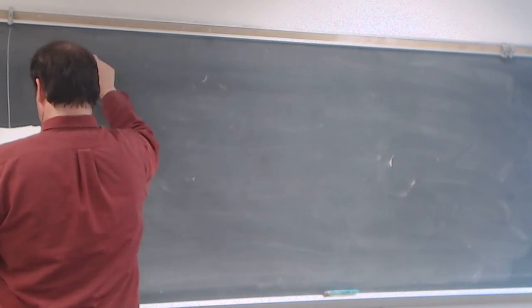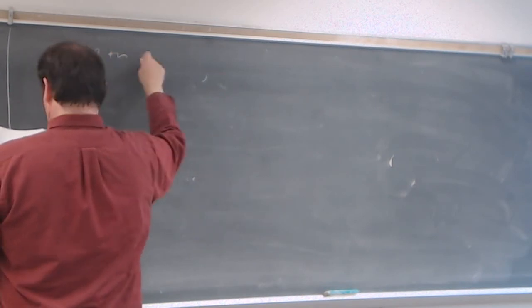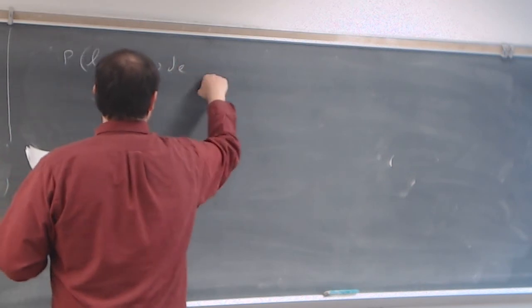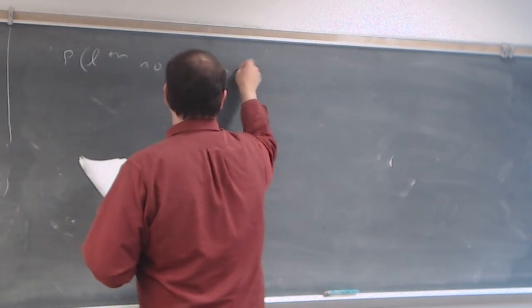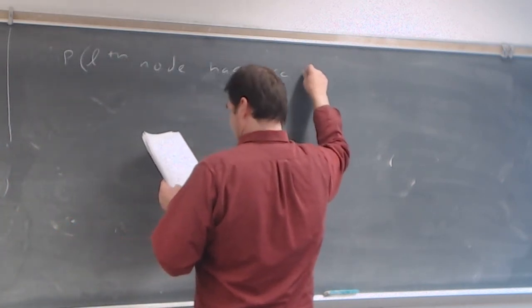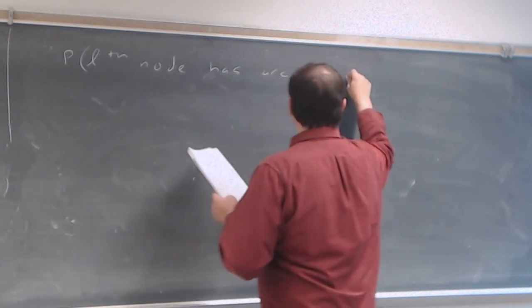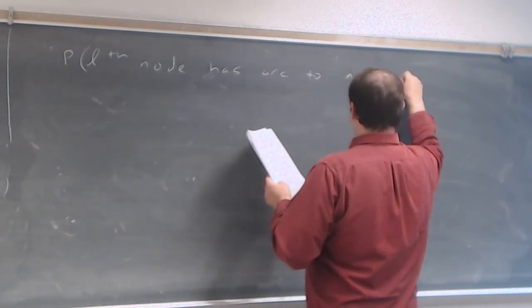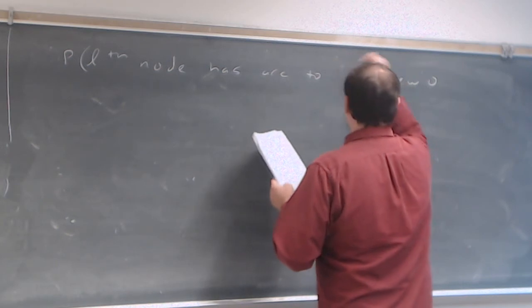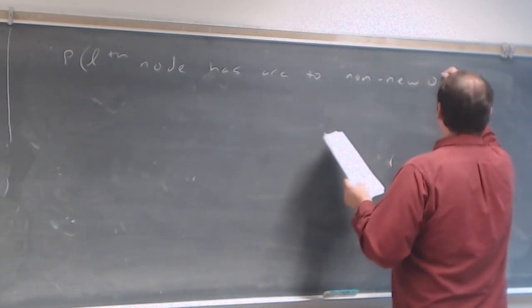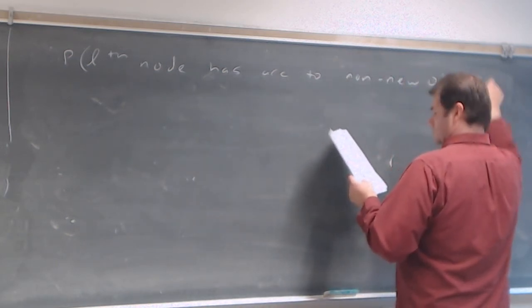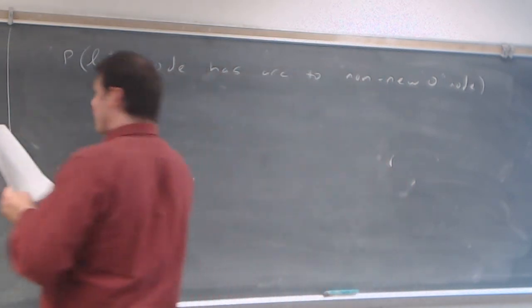The question is the probability that the L node is connected, or has an arc, it means the same thing, to the new zero node. We'll do this as a conditional probability.